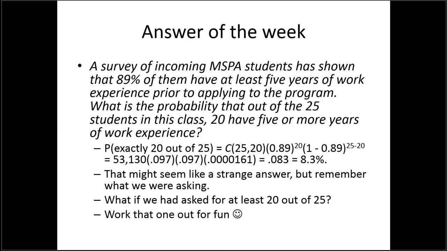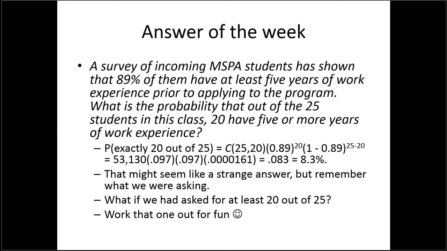Okay, so let's get back to our slightly more complex example here. We have a survey of incoming analytics students. 89% of them have at least 5 years of work experience. What is the probability that out of the 25 students, exactly 20 have 5 or more years?